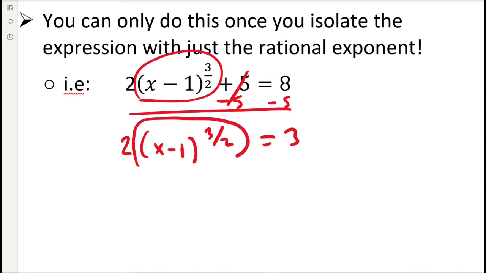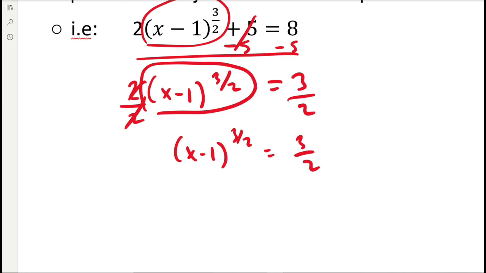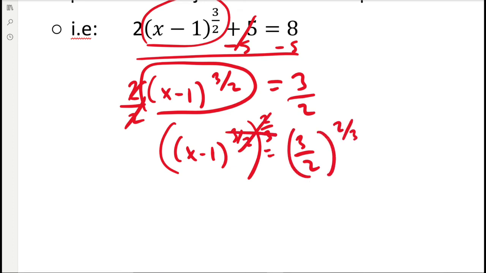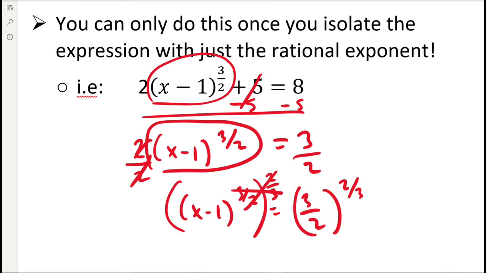Again, I want to isolate this, so I need to divide by 2 on both sides to get rid of that 2. And then I can get it by itself. So now it's by itself. That's what I mean by isolating it. And then now we can get rid of it by doing the reciprocal of that exponent, and then solve from there. So that's the idea for solving equations with rational exponents.